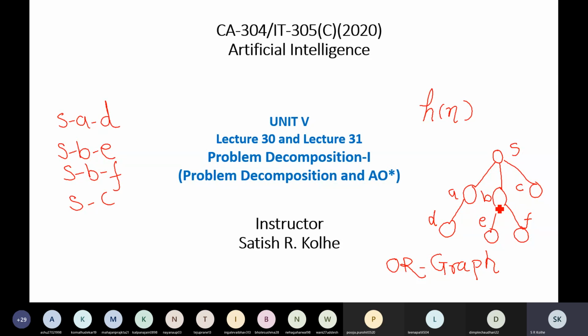But when we use the problem decomposition technique, sometimes it is necessary to solve more than one sub-problem at a time.